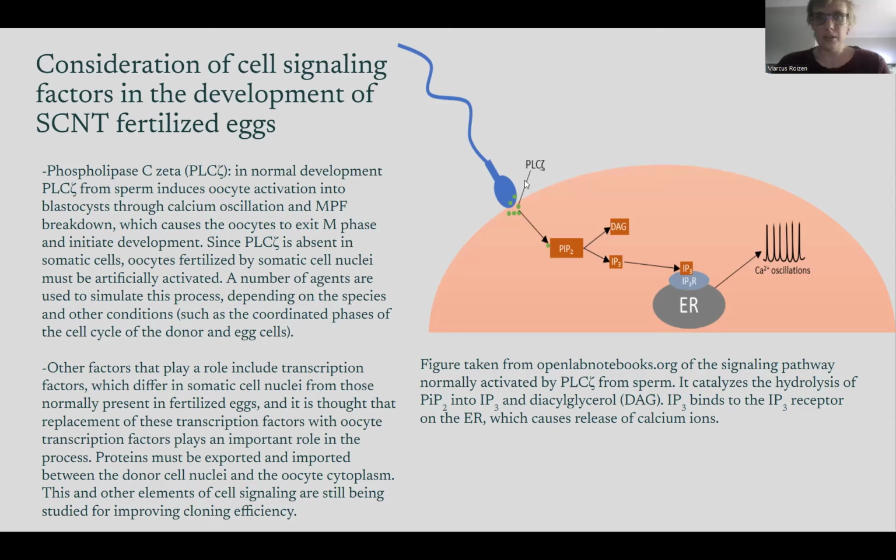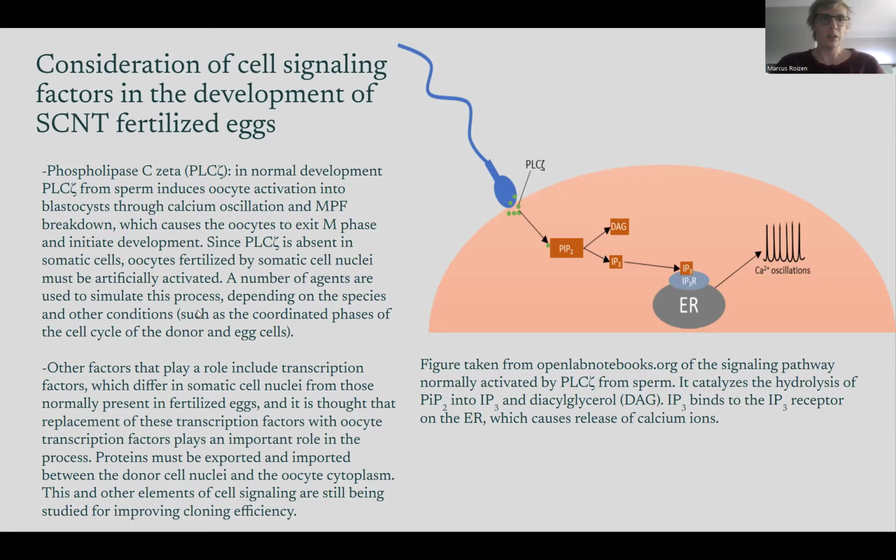But since this phospholipase C zeta is not present in the cell nuclei of somatic cells, these conditions have to be artificially simulated, and a number of agents are used to simulate this process depending on the species.